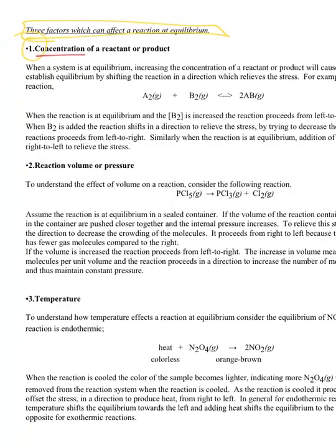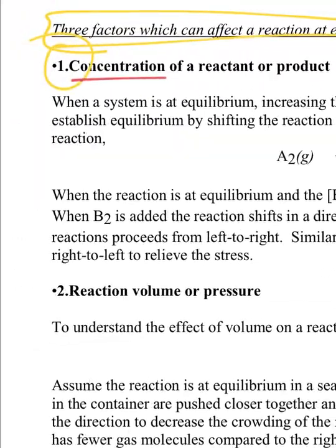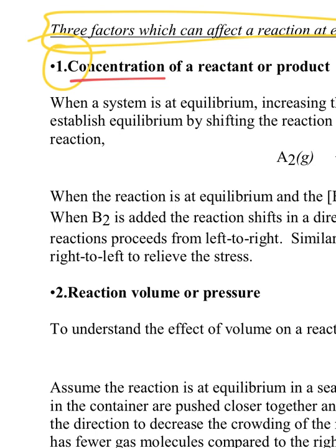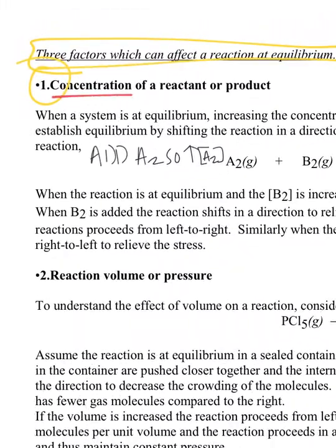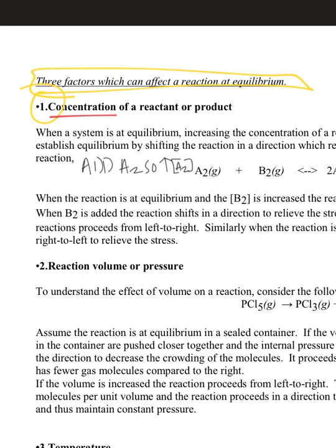So let's zoom in here. If I add A2 to this reaction, so I'm increasing the concentration of A2, my A2 is on the left side of the reaction. So if I add more A2, I'm increasing the amount of A2 on the left side.